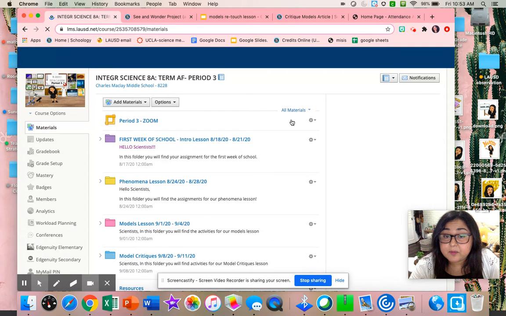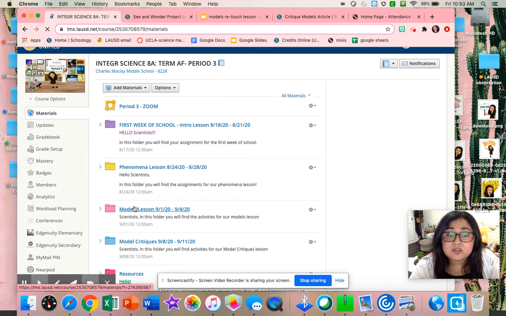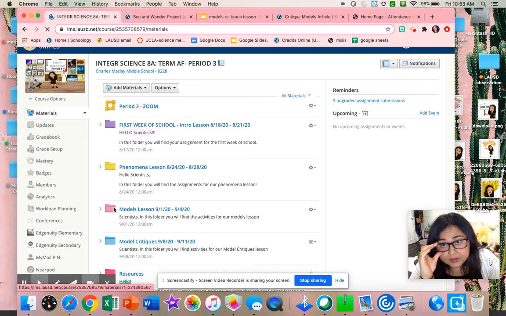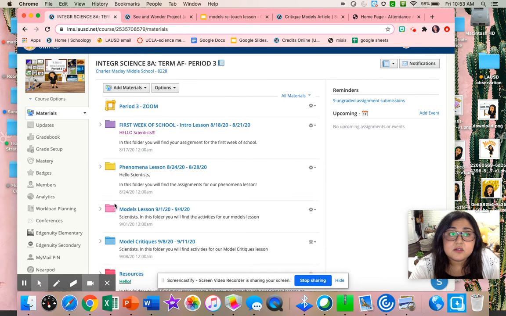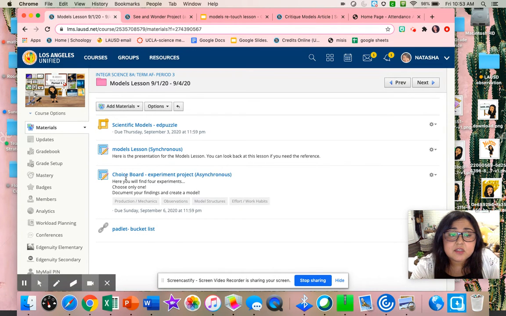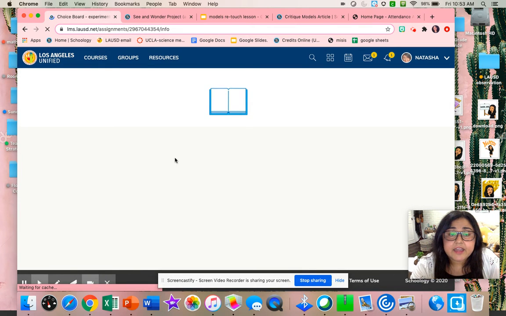It's the experiment project you were supposed to do. So it's in the pink folder, and it is the choice board. Sorry, my computer's a little bit slow. Choice board experiment project, okay? And it is this one.